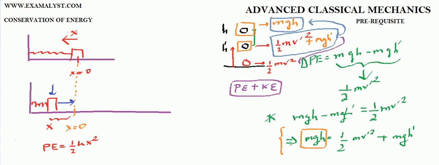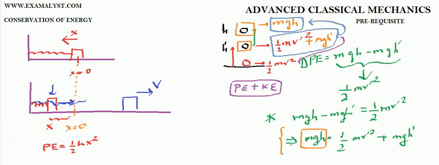So once it is left, the mass will be moving in the other direction, and the mass will be somewhere here, and the new position of the spring will be somewhere here. You see that the spring and the mass have got detached, and the mass will be moving at a particular velocity v. Now if you are asked what is the velocity v with which the mass will move, that's very easy.